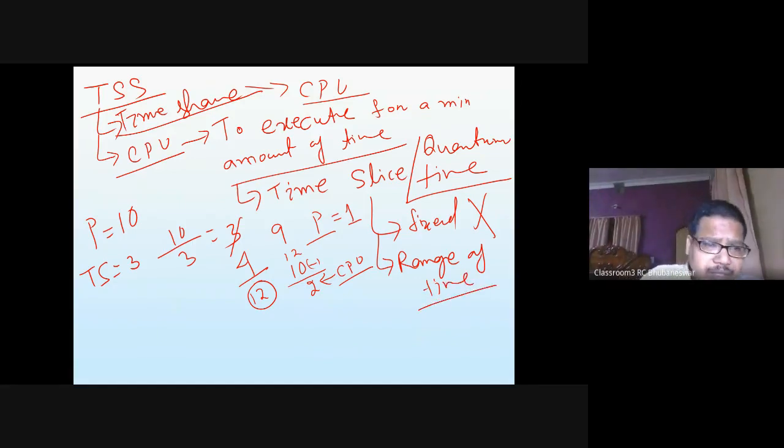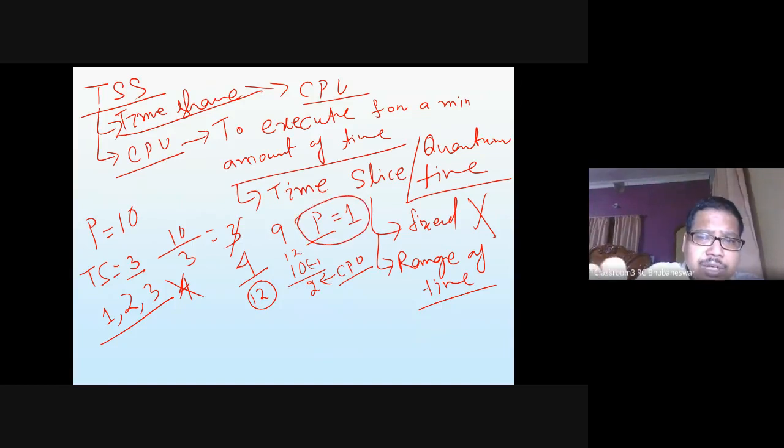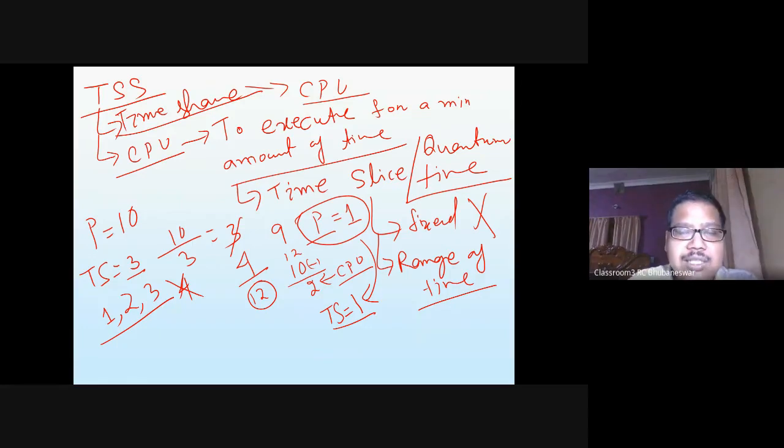A range of time means that if the time slice is 3, I can have an acceptable range of 1, 2, and 3. I cannot accept 4. And when the process P is left with 1 unit of time, my time slice for that process will not be equal to 3. It comes down to 1, depending on the execution time the process has left.